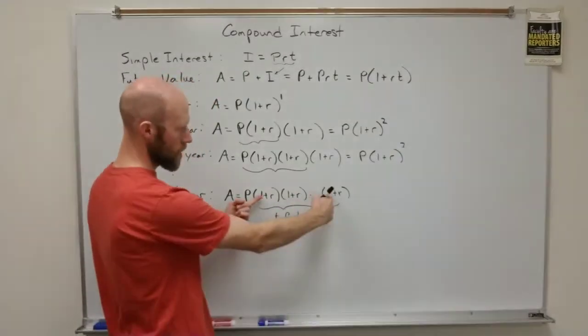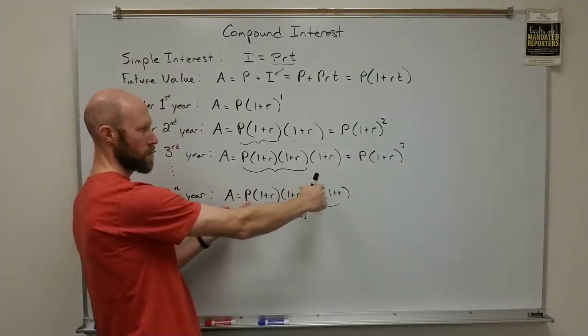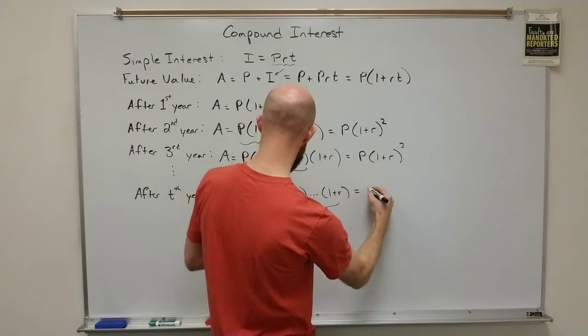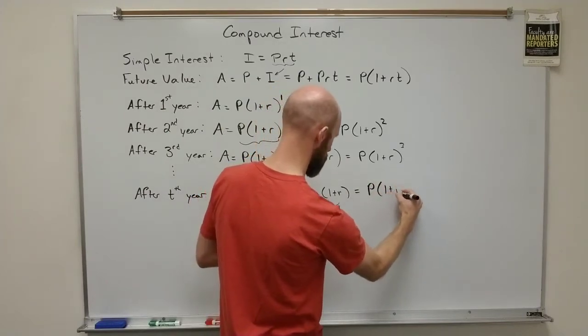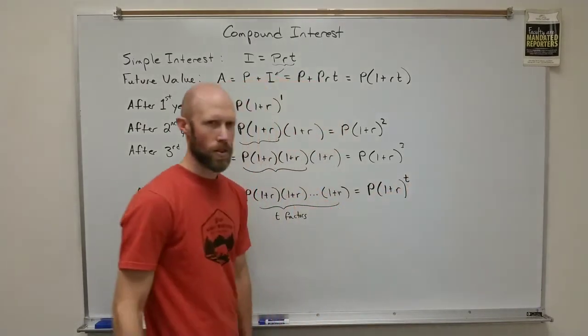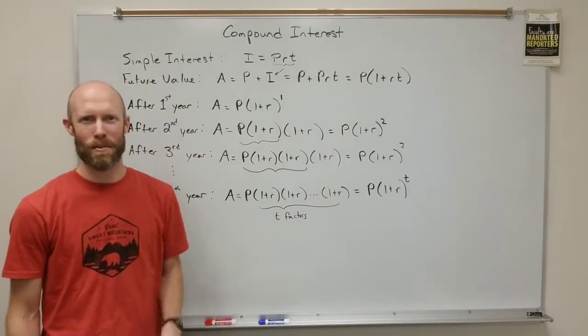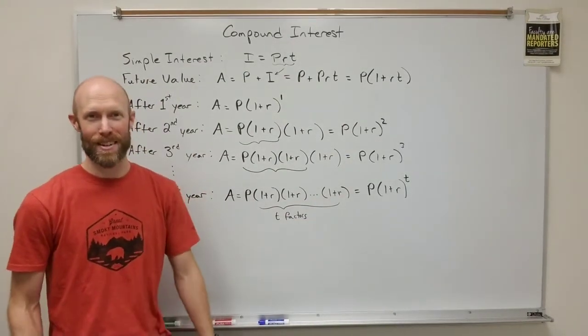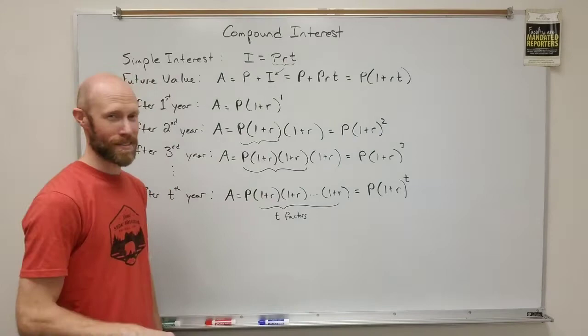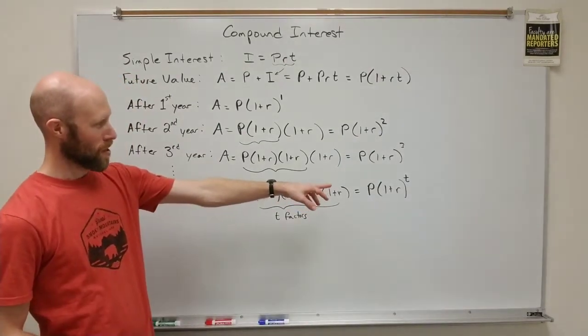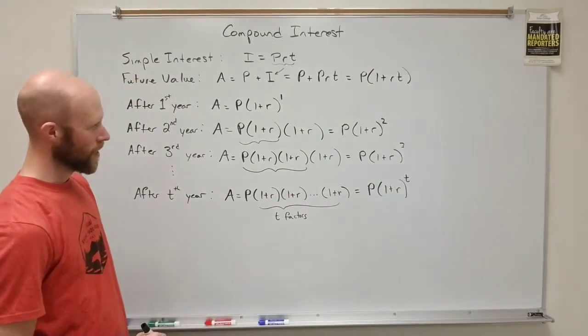Well, that's T different factors means it's a T exponent, so you're going to get P times 1 plus R to the teeth power. Teeth power. Anyway, terrible. Bad pun. Don't laugh. P times 1 plus R to the T.